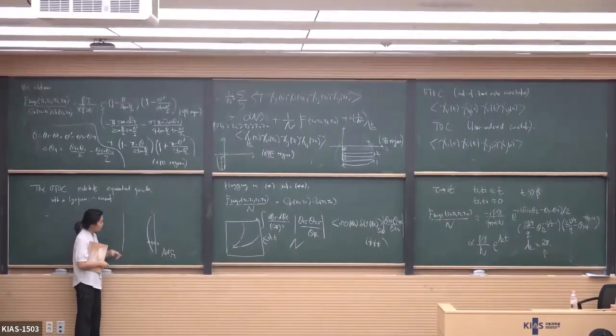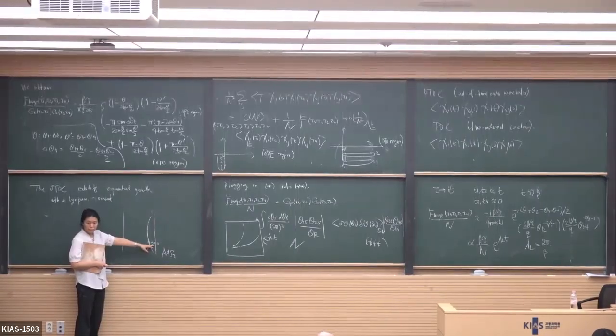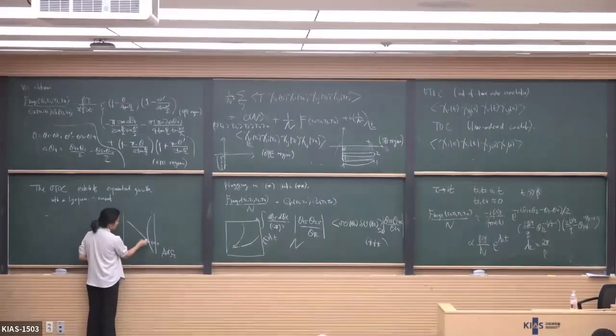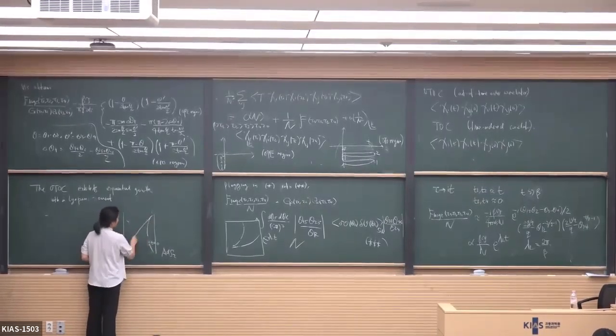Okay, so at time equals 0, what we can do is apply an operator. So we start out with a thermal state for the SYK model, and then we apply a fermion operator at time equals 0. In the gravitational picture, that sends in some perturbation into the bulk. Okay.